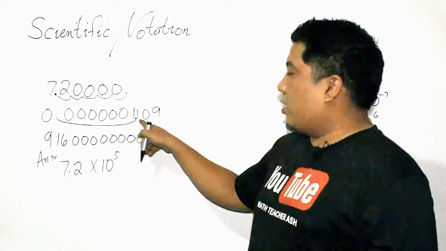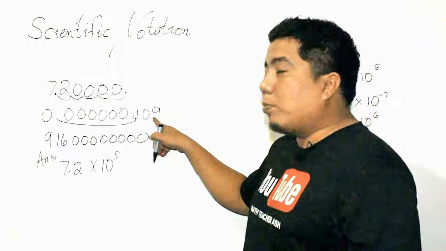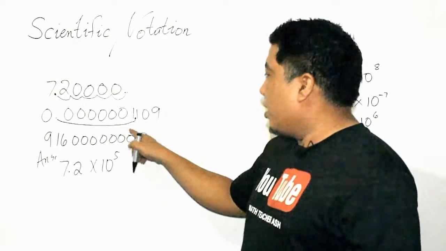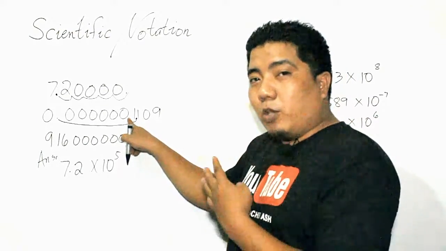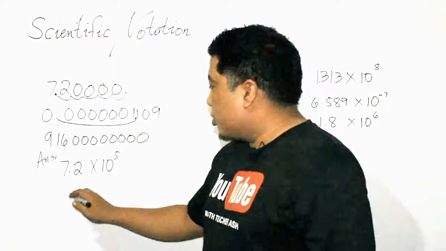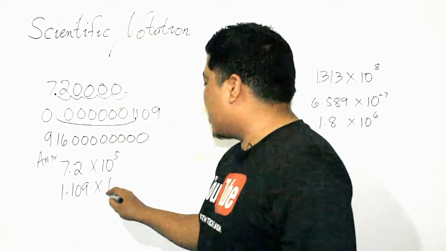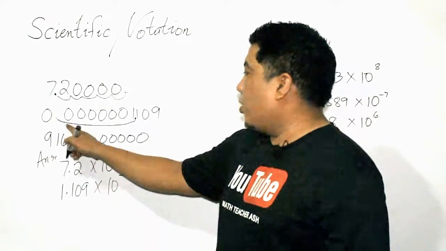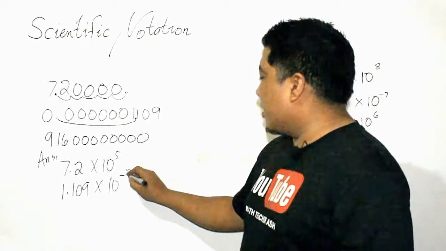Because if it is here, that will become 11. That violates our rule. So much more if it is here or here. And if it is also here, it violates that our value will become less than 1. Okay, so it must be 1 point something. So that is 1.109 times 10 to the negative, 1, 2, 3, 4, 5, 6, 7, to the negative 7.